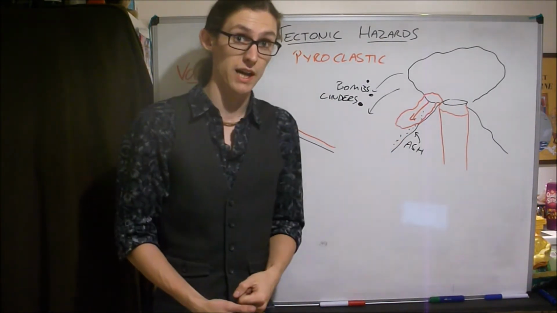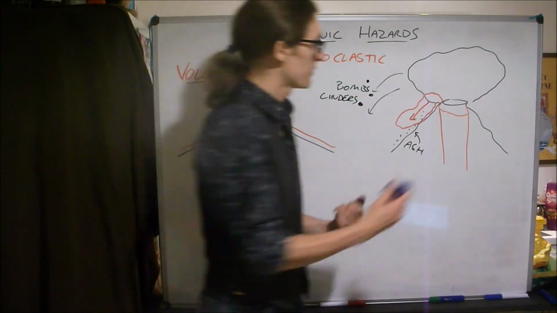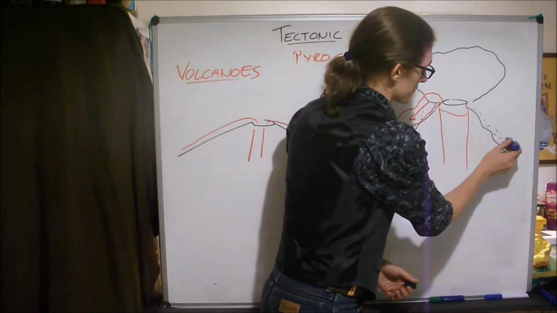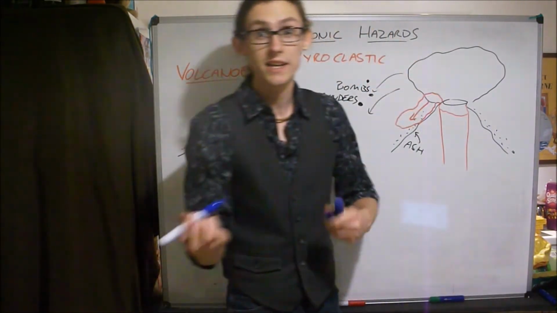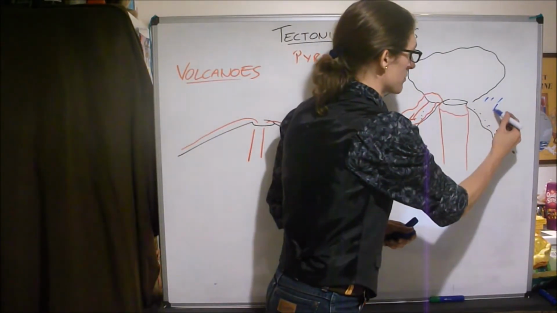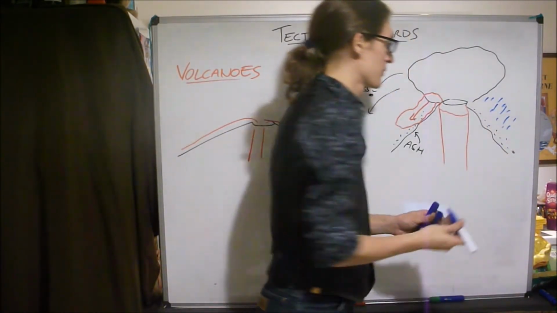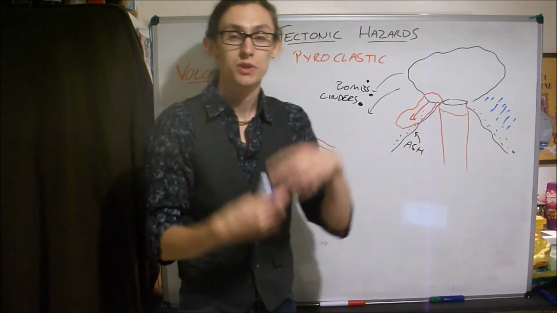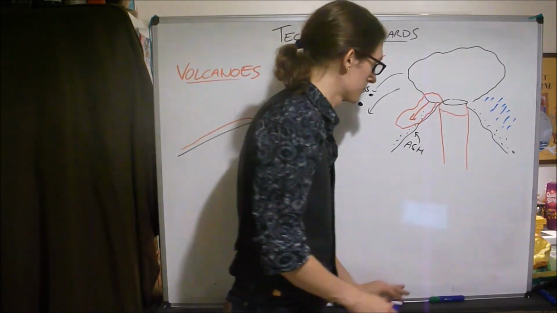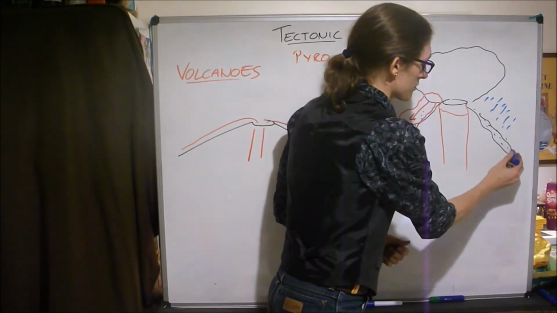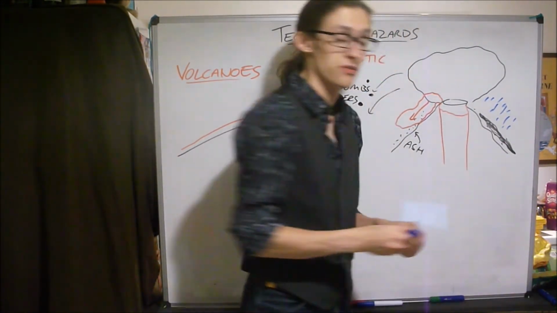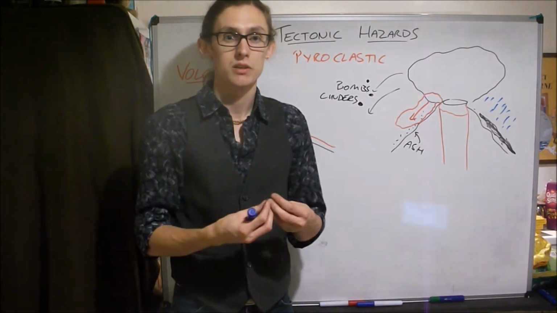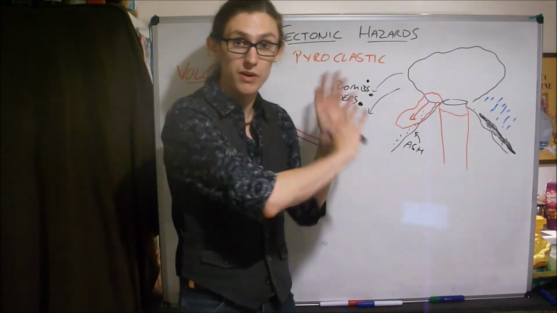Now, secondary hazards wise, if you've got a load of ash which has fallen on the ground and then it rains, all of that ash can form mud. And that mud is a very fine mud, and so it moves very, very fast.